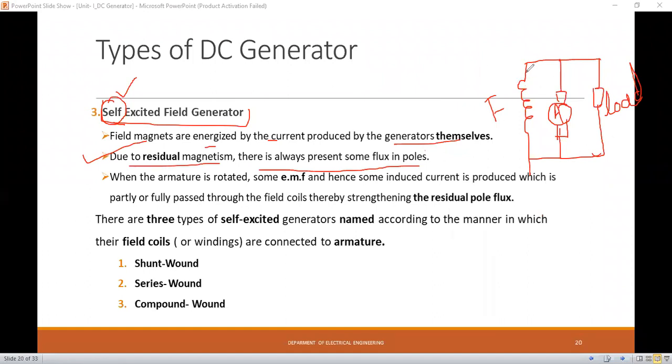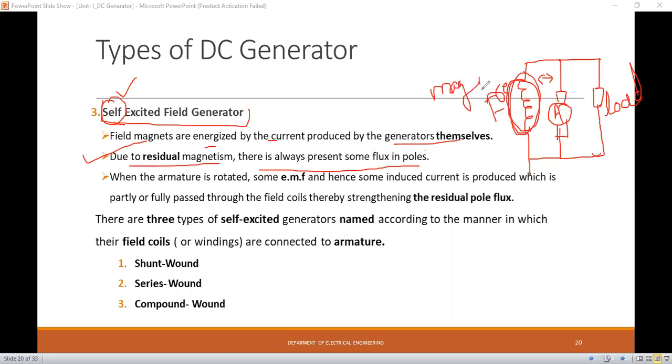See here, for excitation of this field winding, या field winding चे जे काही excitation असेल, so before providing the excitation, there is some residual magnetism present in the field pole.